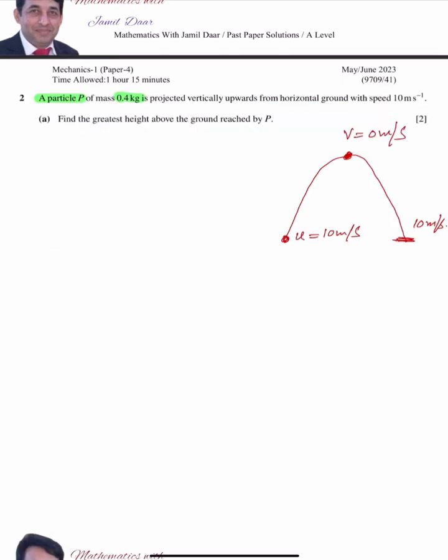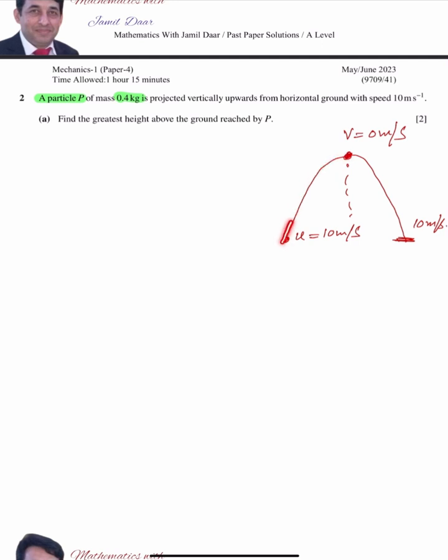This is question number 2. A particle P of mass 0.4 kg is projected vertically upwards from the horizontal ground with the speed of 10 meter per second. Find the greatest height above the ground reached by P. So this is the starting initial velocity given to the particle, and it is projected upwards.